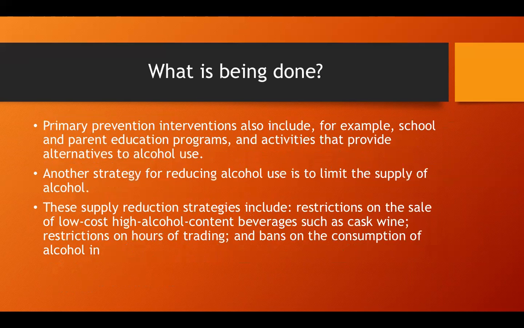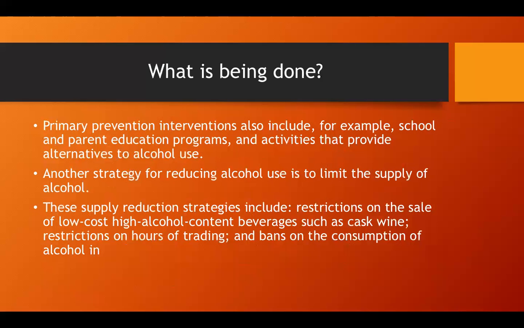Another strategy for reducing alcohol use is to limit the supply of alcohol. Okay, so this is a tough one because, as I said, Australia's got a very heavy drinking culture, and a lot of our income and a lot of our jobs rely around people actually consuming alcohol. These include high alcohol content beverages such as cask wine.